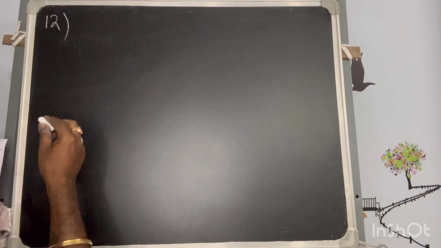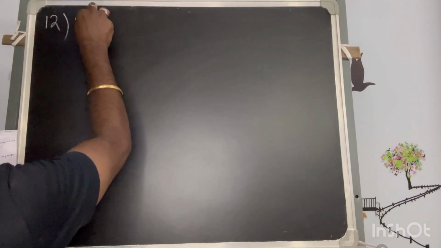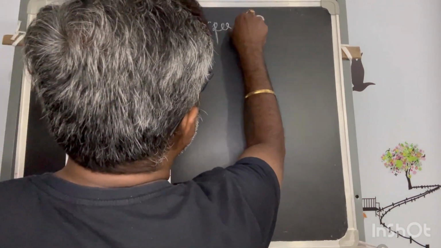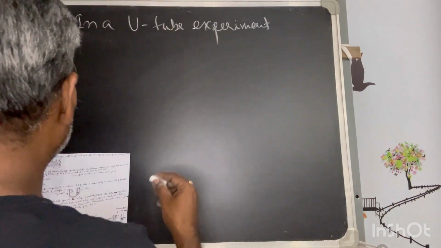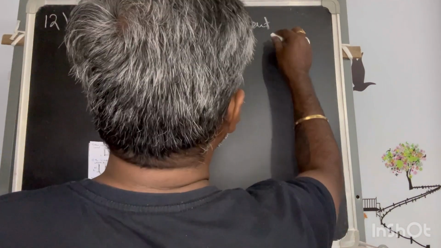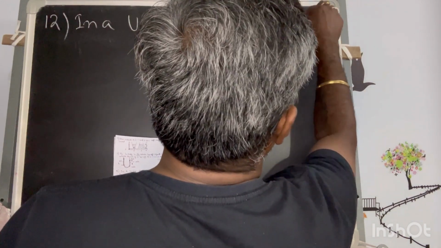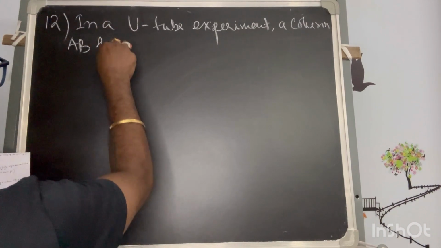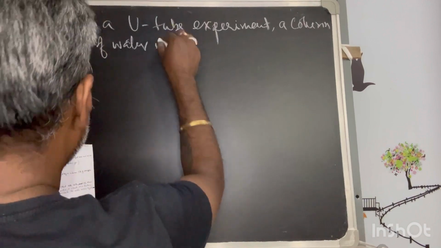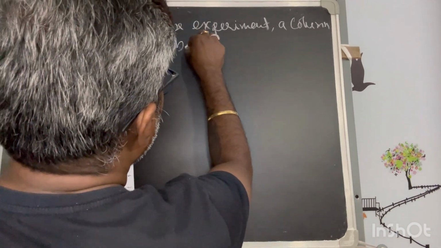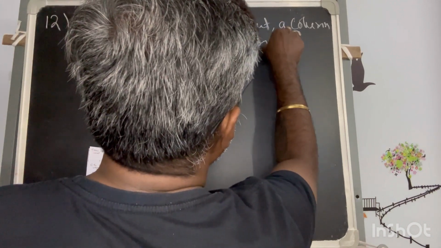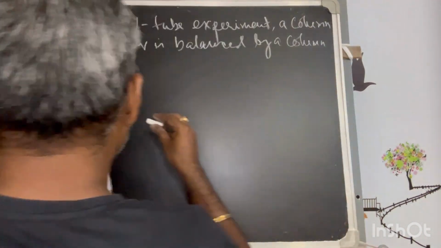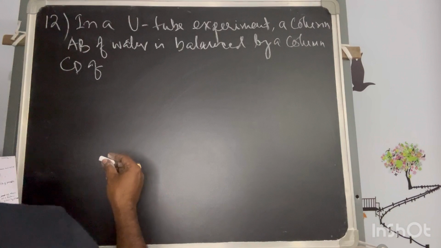In a U-tube experiment, a column AB of water is balanced by a column CD of paraffin.